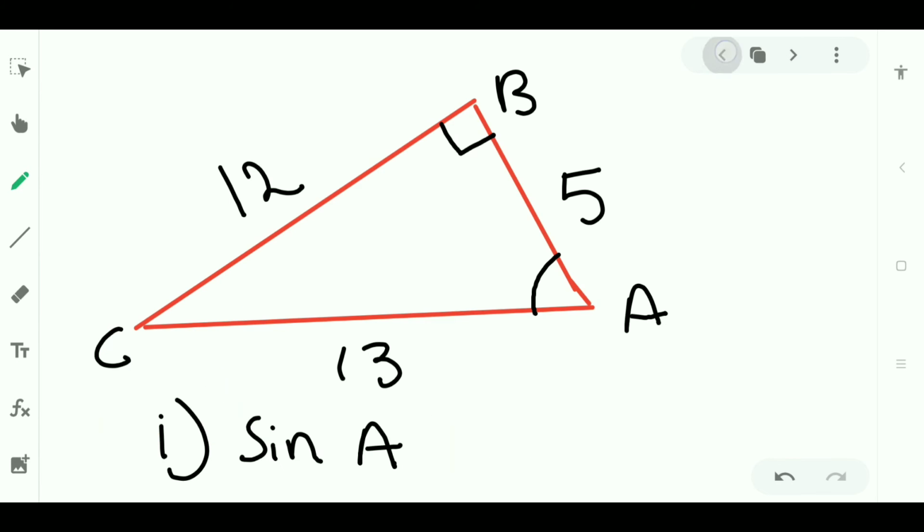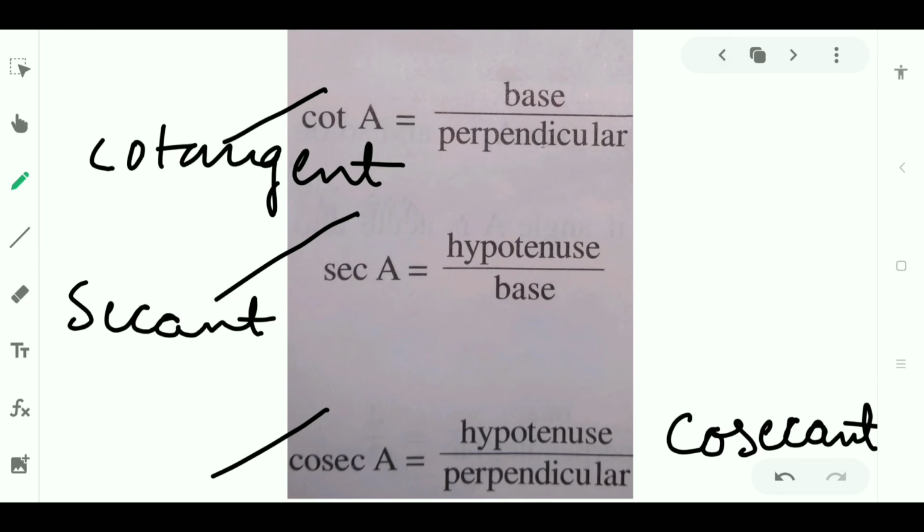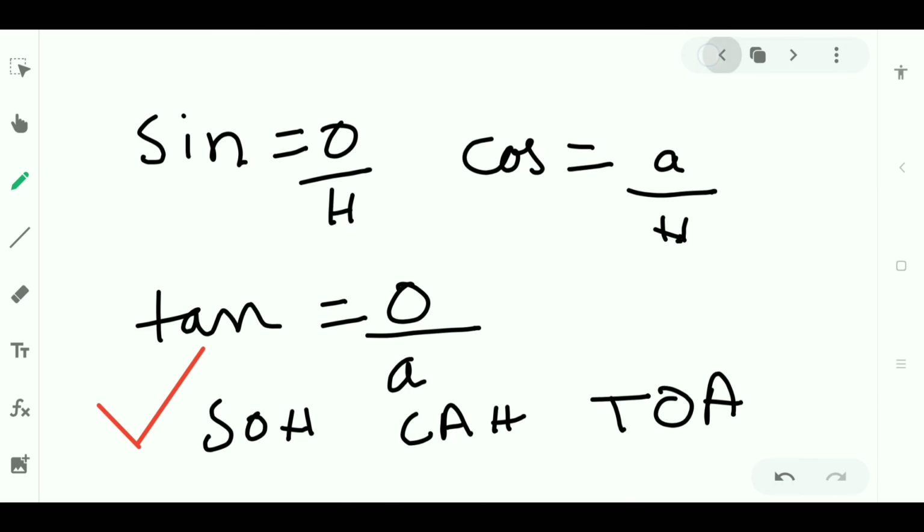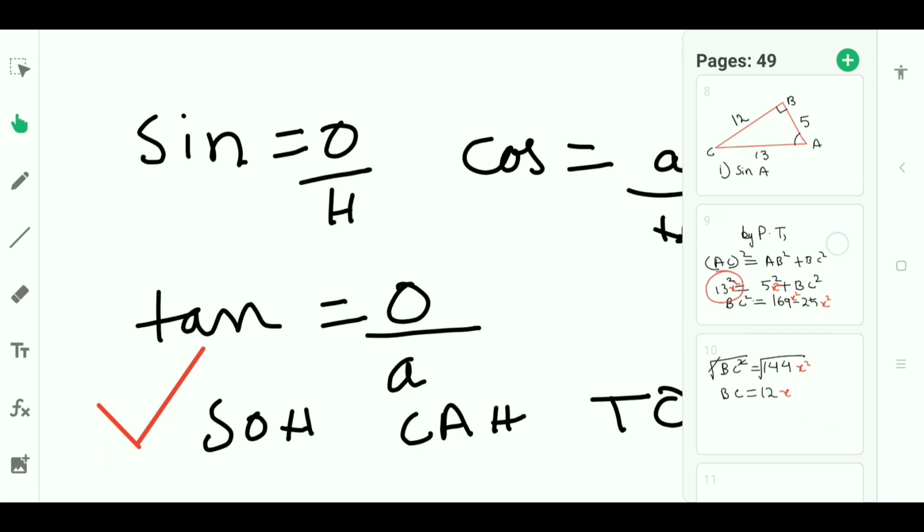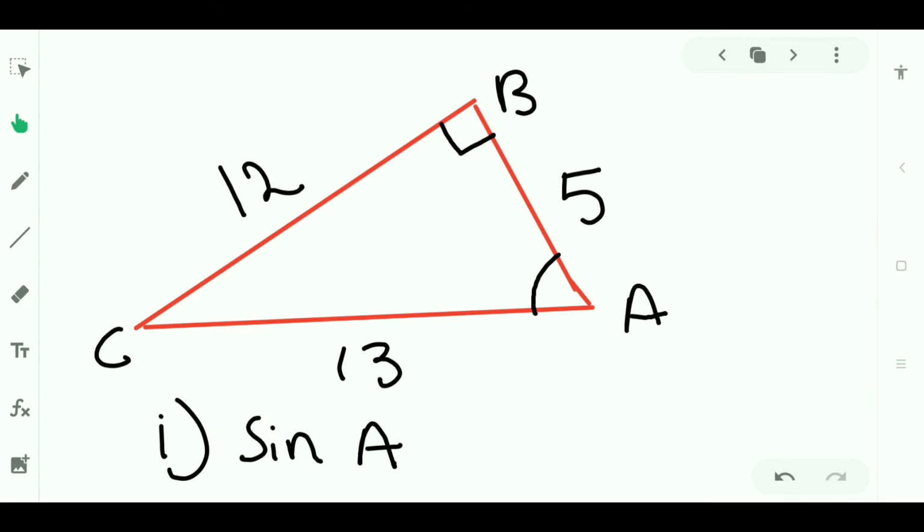Now first they asked us to find sine A. Sine A we can remember: opposite by hypotenuse. Sine A is opposite by hypotenuse. So, the side opposite to the angle is 12 and hypotenuse is nothing but 13.